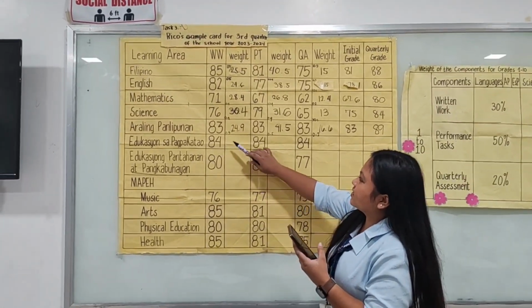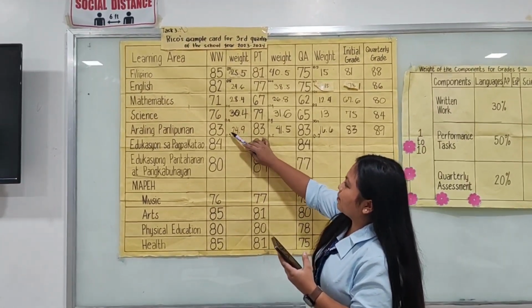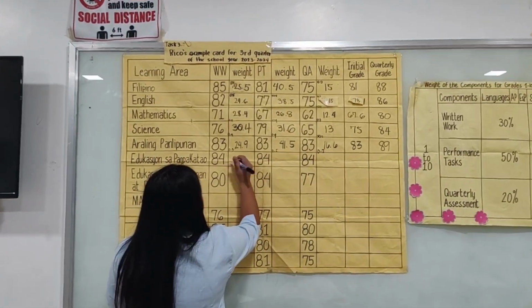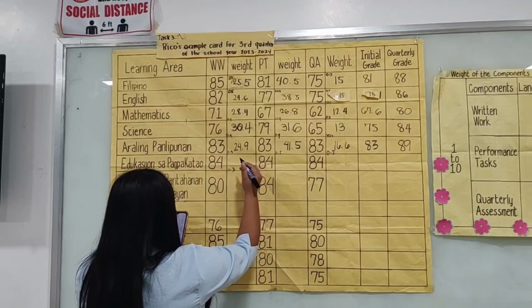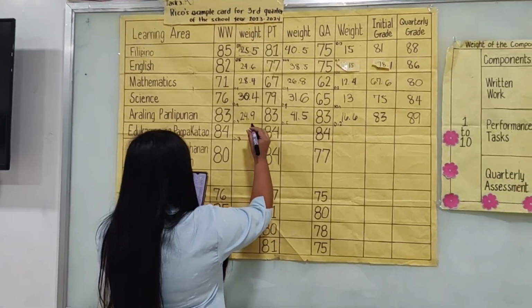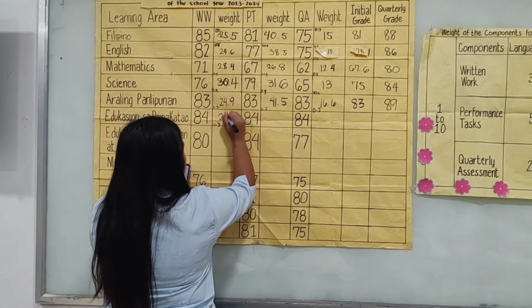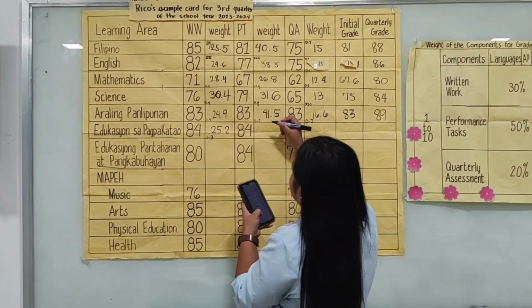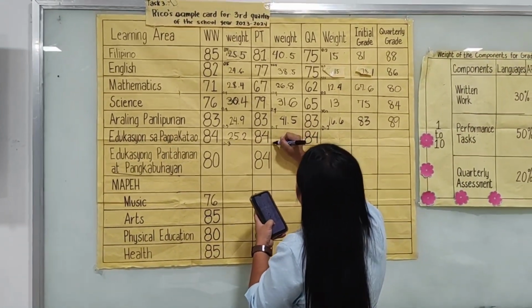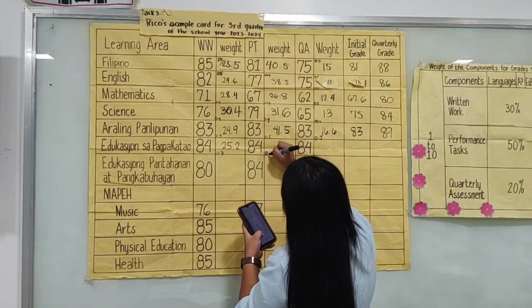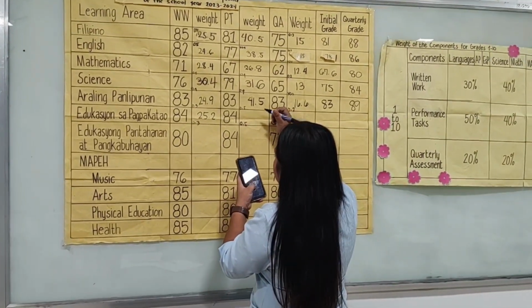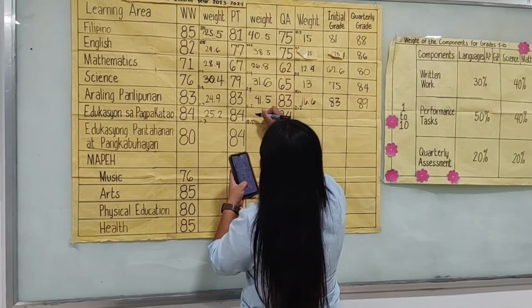Edukasyon sa Pagpapakatao has the same components as Araling Panlipunan. So 84 times 0.3 equals 25.2. So in performance task, 84 times 0.5 equals 42.